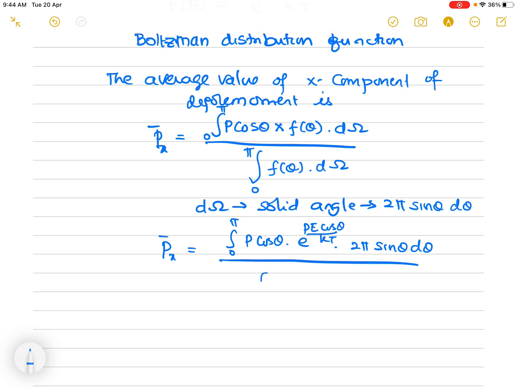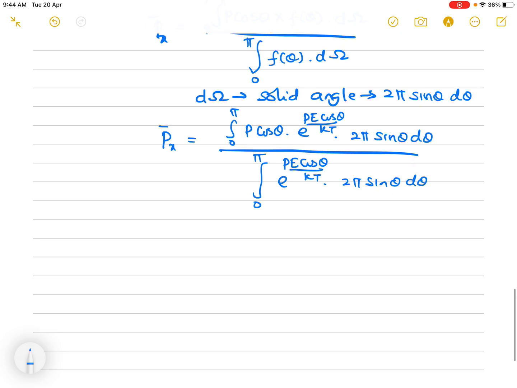So let beta or u be equal to pe by kt and x equal to cos theta.